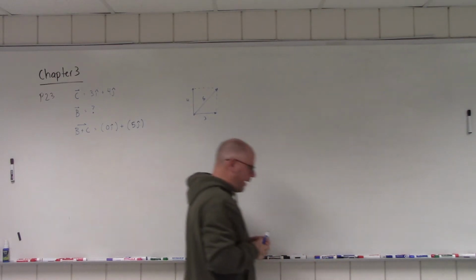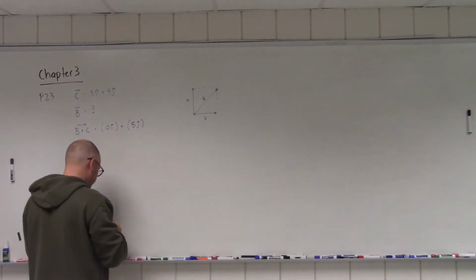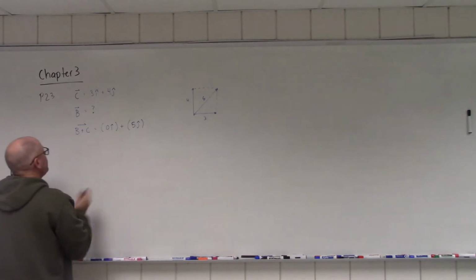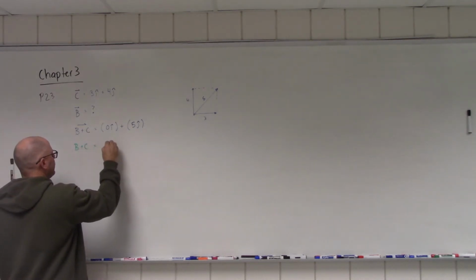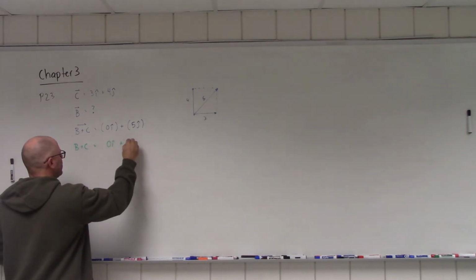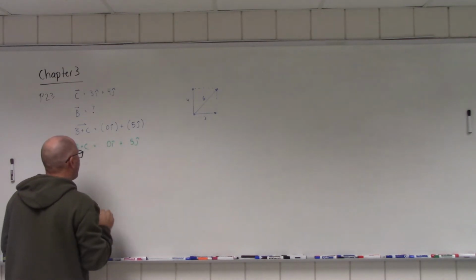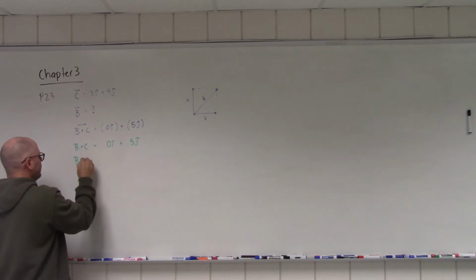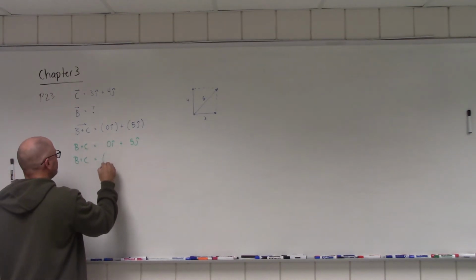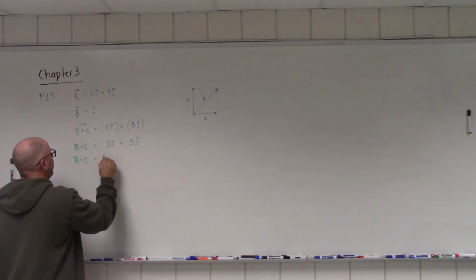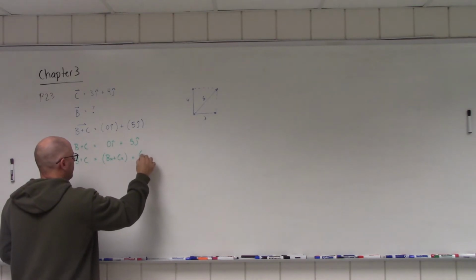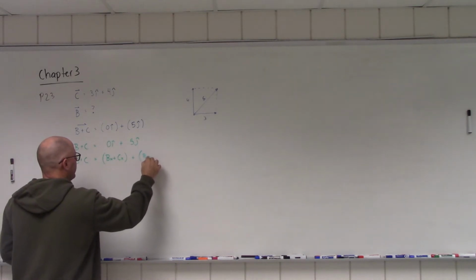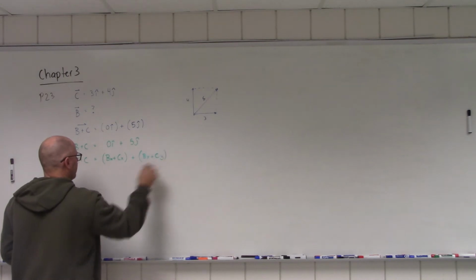So then it says, what is the magnitude of b? All right, well. So now I know that b plus c is equal to 0i plus 5j. But b plus c is equal to, basically, b in the x direction plus c in the x direction plus b in the y direction plus c in the y direction.